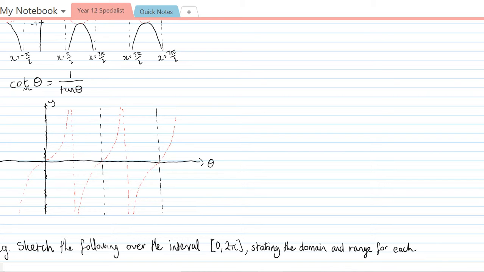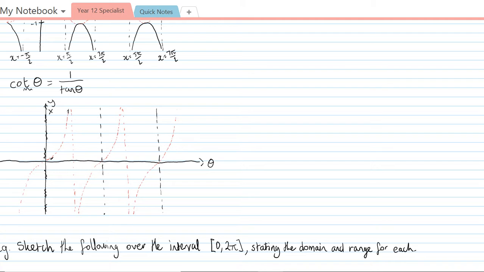Well, we don't really know what happens with the asymptotes just yet. Let's consider what's going to happen here though. So if I pick a point like down here somewhere, okay, well that's a very small y value. So if I do 1 divided by that value, I'm going to get a very large number. Over here, I've got a very large number as we're going up along close to the asymptote.